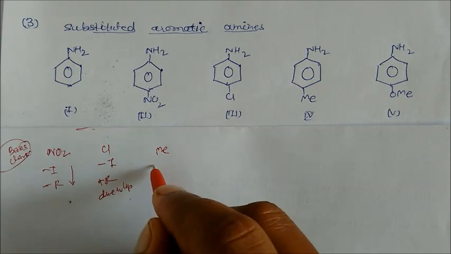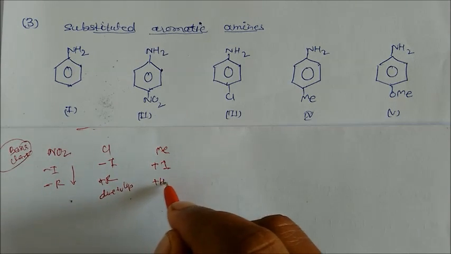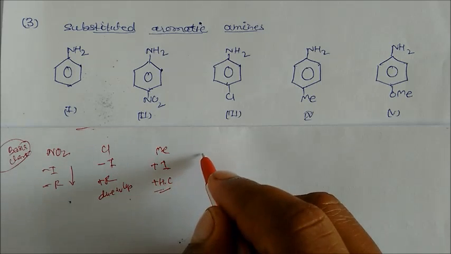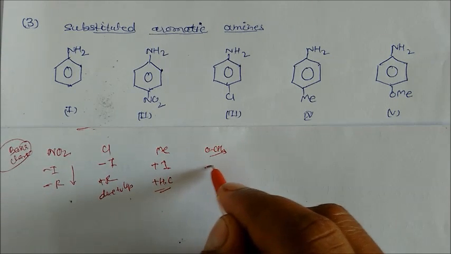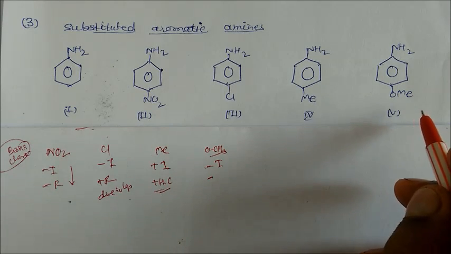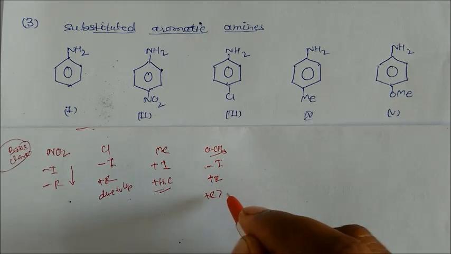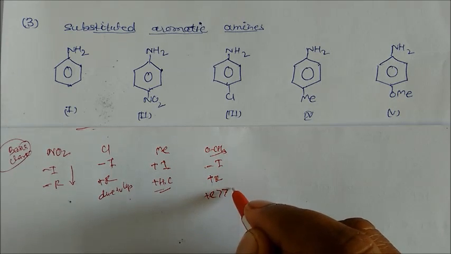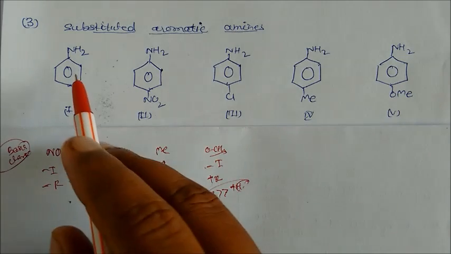Me we have plus I and plus hyperconjugation. Then we take OCH3. OCH3 we have minus I, and here we have plus R, but here plus R is much more than the minus I. So this will be your more basic, and this is our standard.